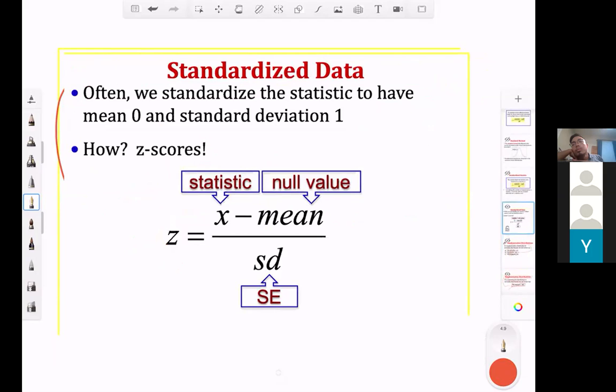Standardized data. Often we standardize the statistic to have a mean of 0 and a standard deviation of 1. How do we do this? With the z-score.